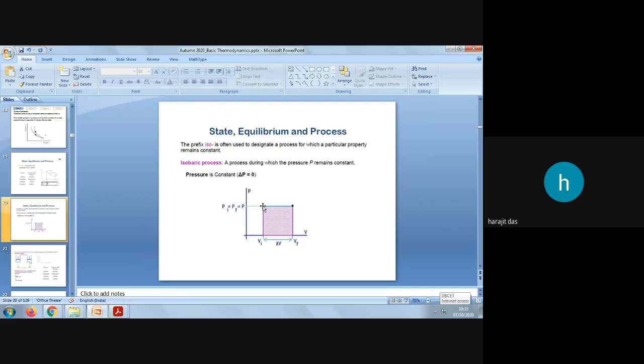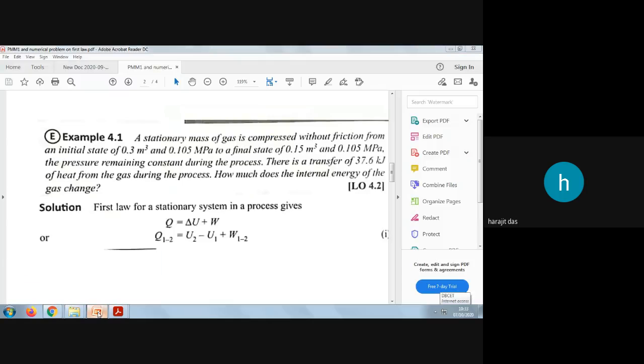So this is state 1, P1 is given, and P2 is given. P1 and P2 are the same, Pi and Pf are the same. So in this process there is work. Work is given, so there is a transfer of 37.6 kilojoule. Joule is the unit of energy, so work and heat have the same unit as energy.